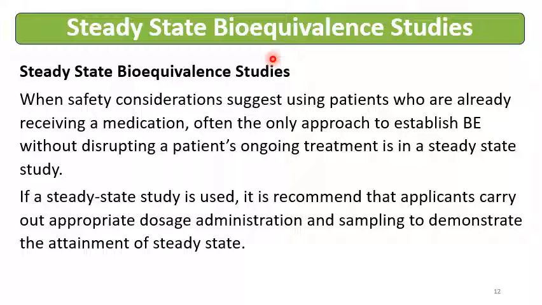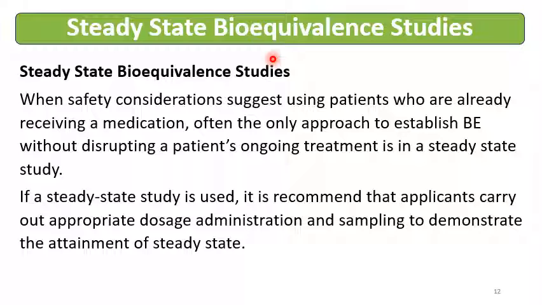For example, the drug is an anti-cancer drug, and that drug is to be given in treatment cycles. For example, a 7 day cycle, then another 7 day cycle, or a 21 day cycle, or 15 day cycle. At that time the steady state will be achieved due to these treatment cycles.